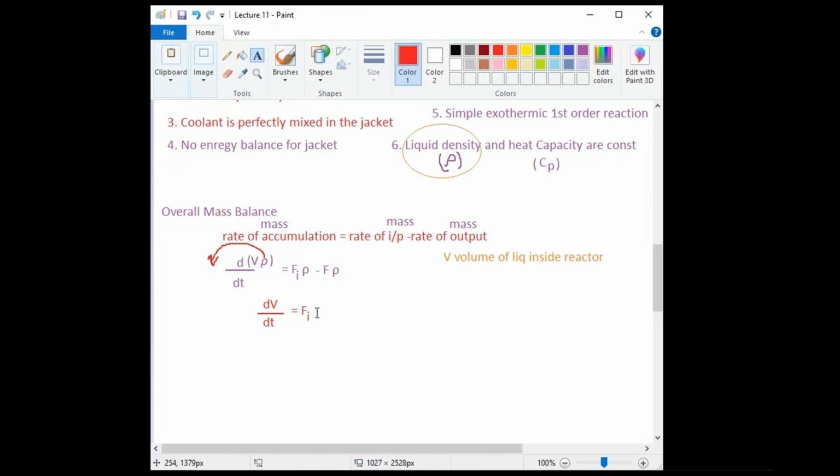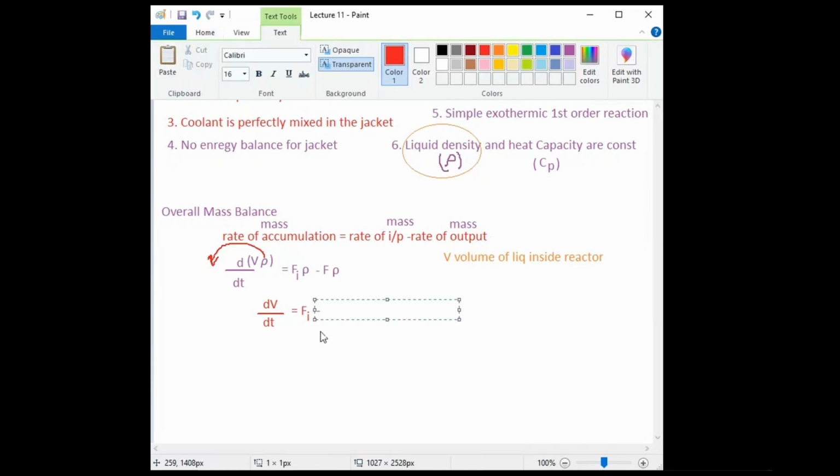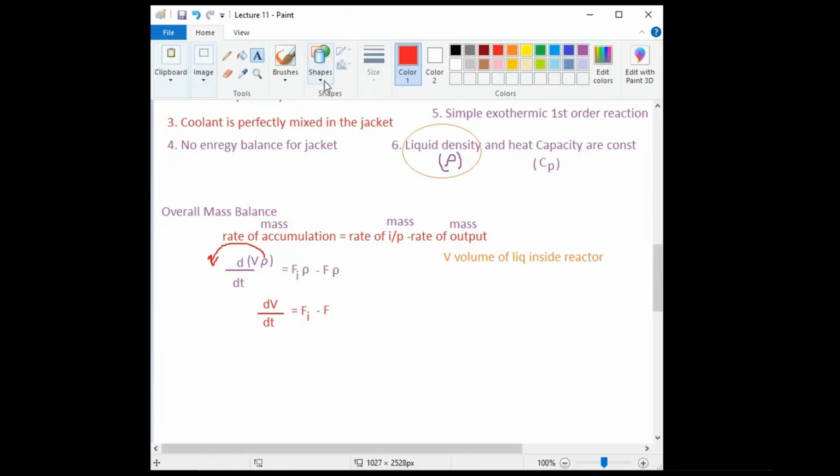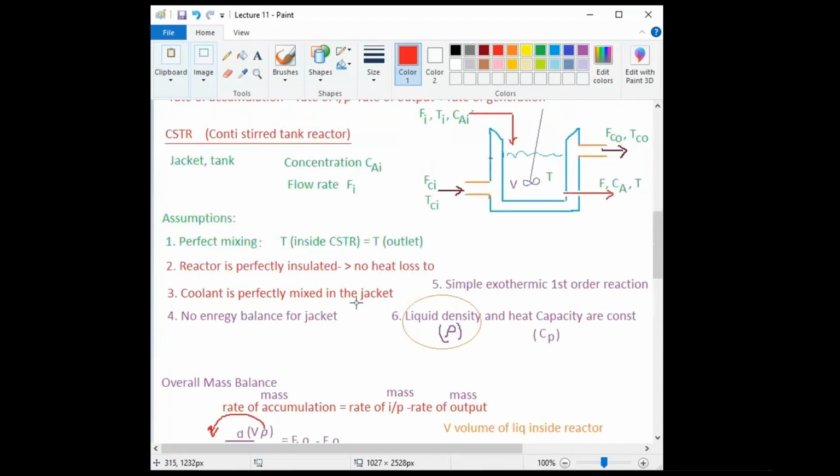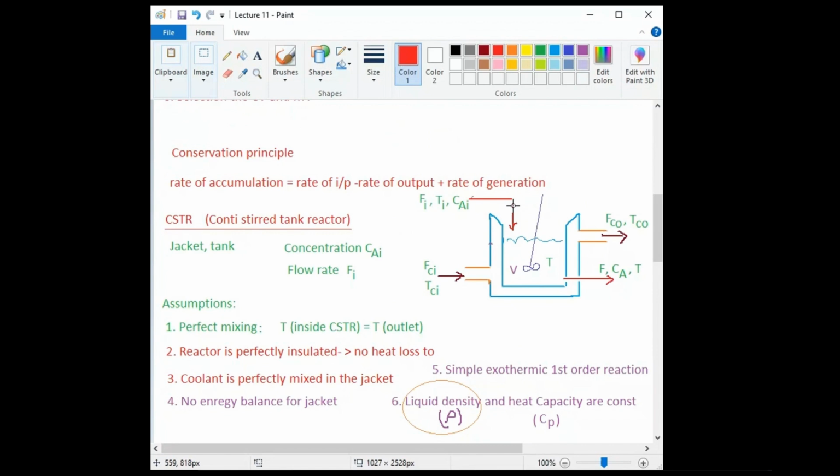So this we will use at many places, the mass balance equation of CSTR. CSTR is continuous stirred tank reactor. So this is the mass balance equation of CSTR. Here in this tank we have only one input stream and only one outlet stream.